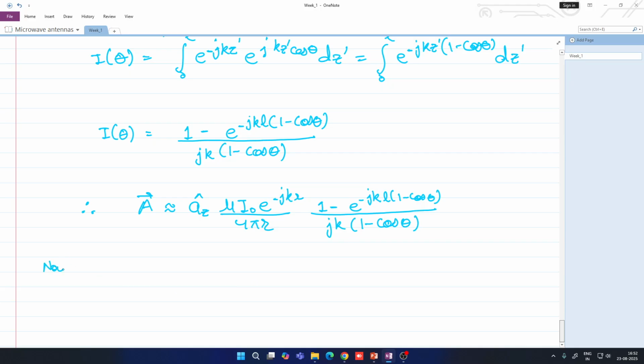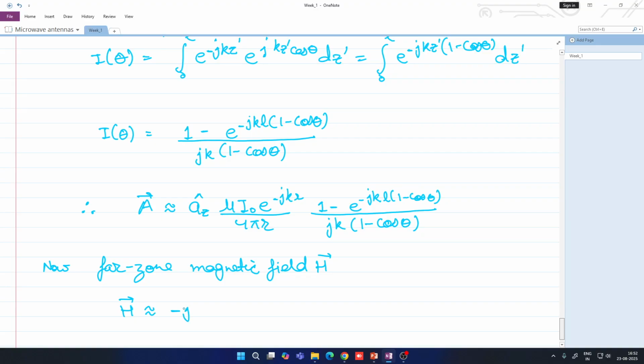So now the far zone magnetic field H is given by, because now we can easily calculate the H field since we have the vector magnetic potential.